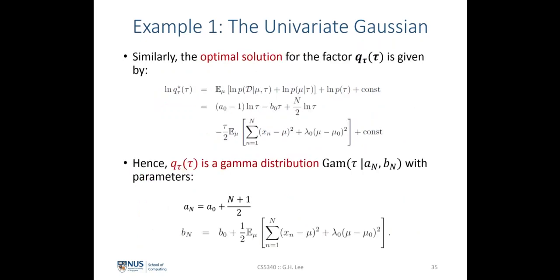We can also obtain a similar expression for q tau by substituting into the optimal solution that we have seen earlier. In this case, the log of q tau, the optimal solution, is equal to the expectation of all the other latent random variables except for tau itself, which in this case is just mu, over the log of the complete joint probability distribution of x and z, which is equal to the likelihood multiplied by the conjugate prior term.